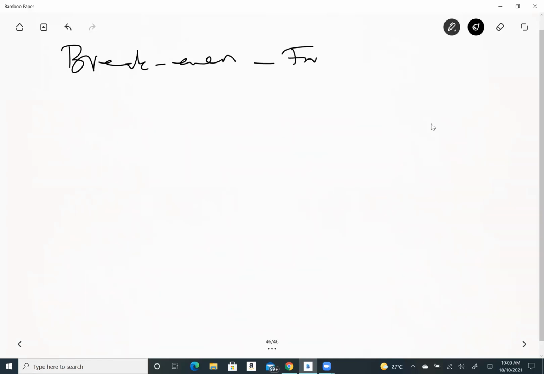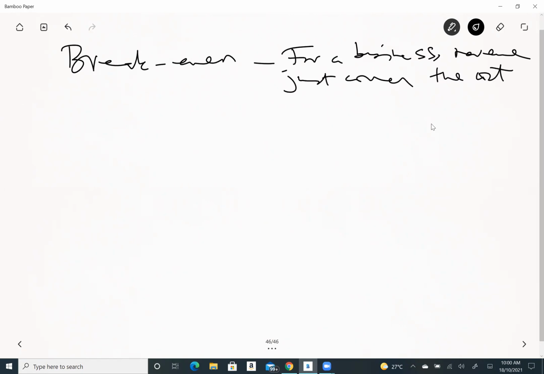So for a business, whatever business that we are doing, you have the income, the revenue, covering the cost, the cost of operating the business. So that means your revenue is just equal to the cost.